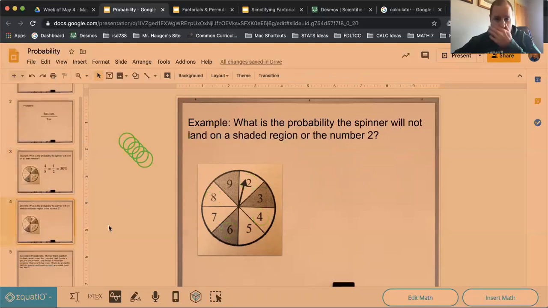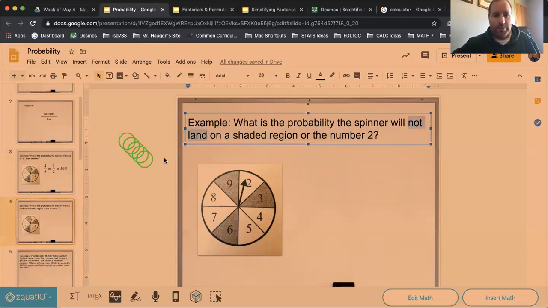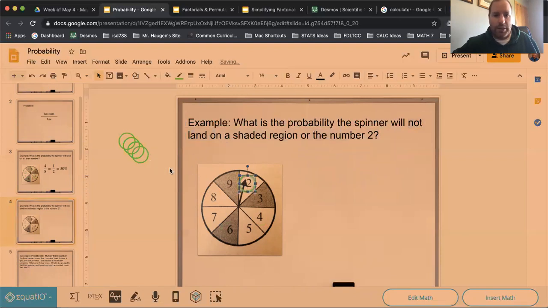You can also put different values on what you're looking for, different definitions. So here it will not land on a shaded region, which means we would pick these ones, right? Anything that is not a shaded region, we'd pick, which is 5 spaces. But it also says, or land on the number 2.